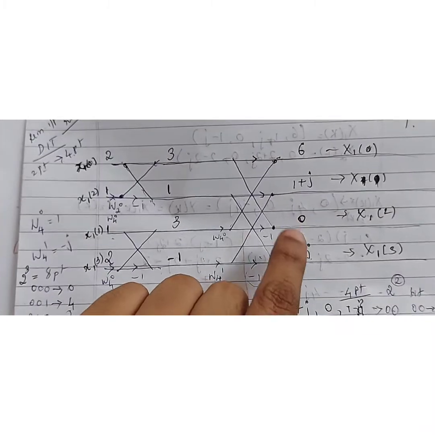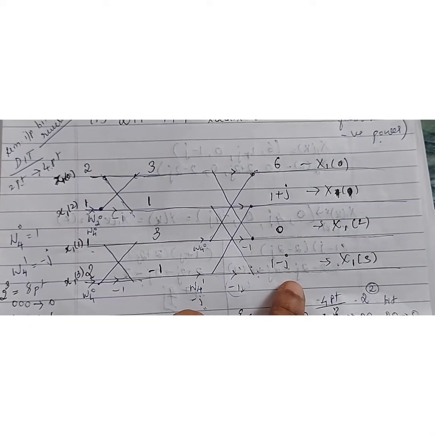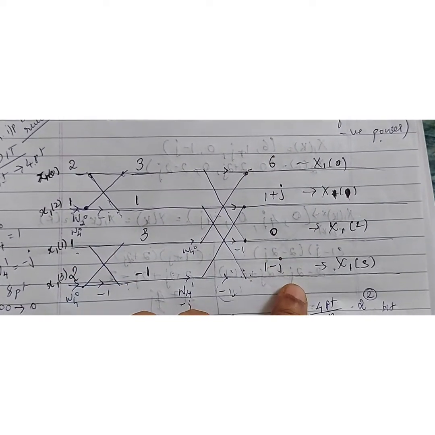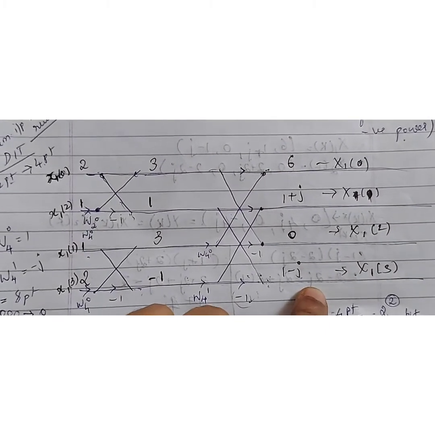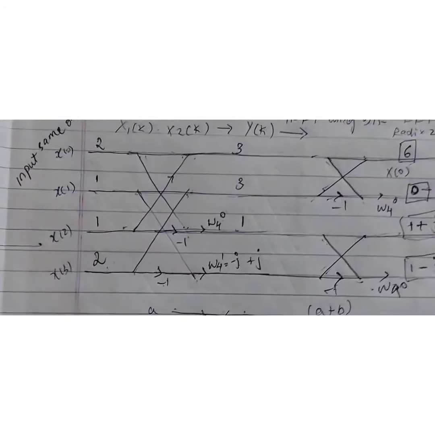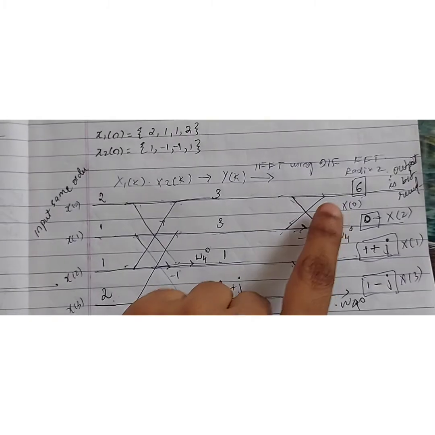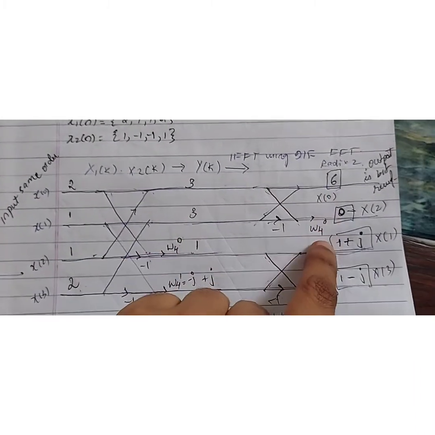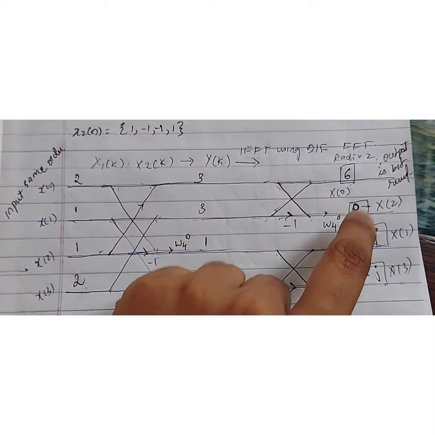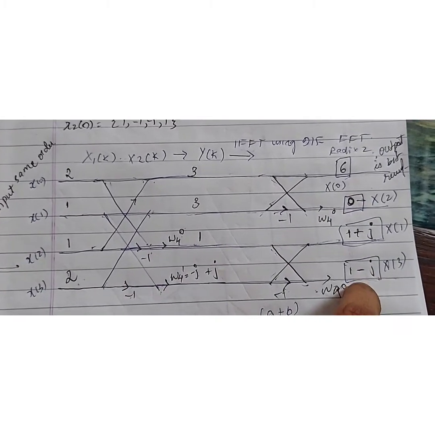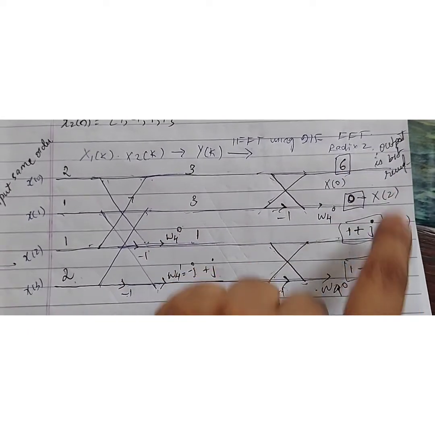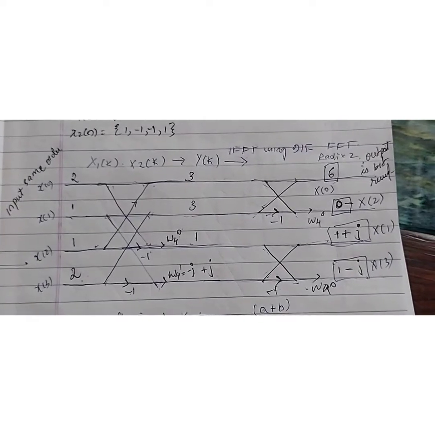Okay, so was this the same answer we got? See, using decimation in time also, for x1 of k, we got the same answer. Using decimation in frequency also we got it, but the values you see are bit reversed. 6, 1 plus j, 0, 1 minus j. X of 0, x of 1, x of 2, x of 3.